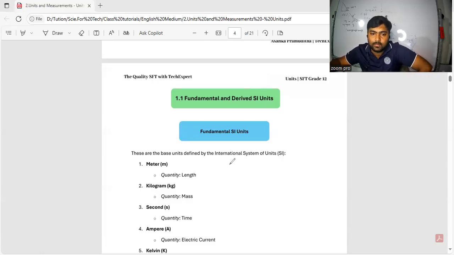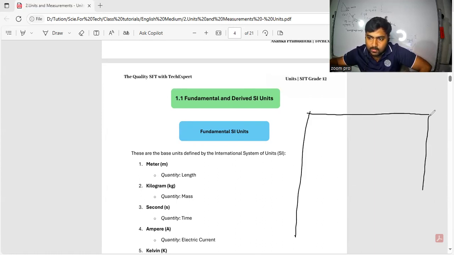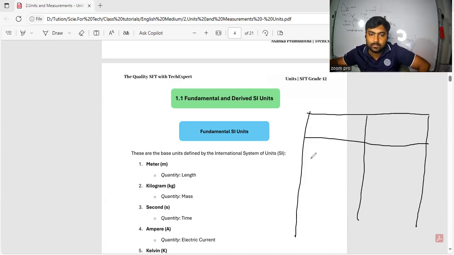Then write like this: there are base units defined by the International System of Units.